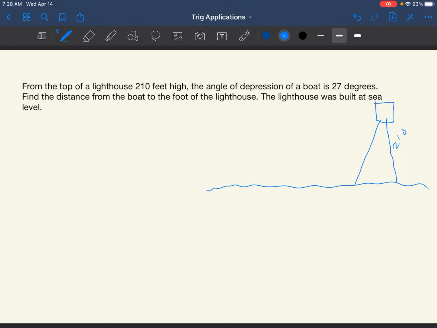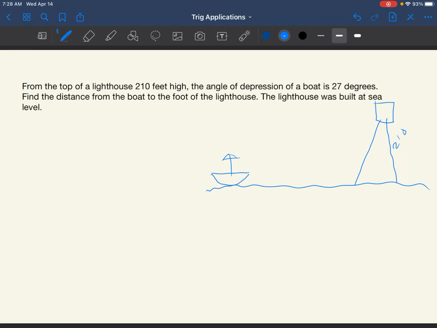So let me go ahead and draw my boat, and then I'll do the angle of depression. So I have a boat that's out here away from the lighthouse.